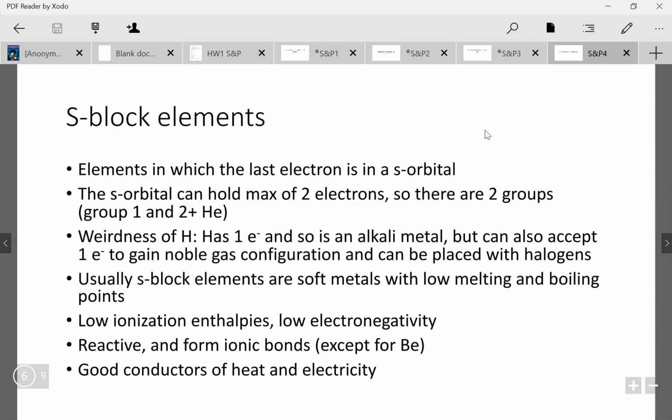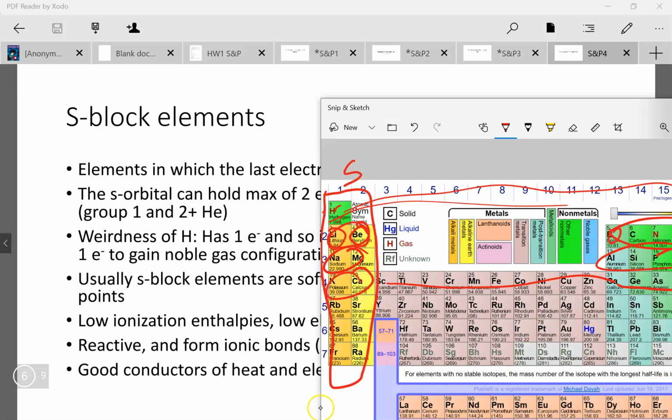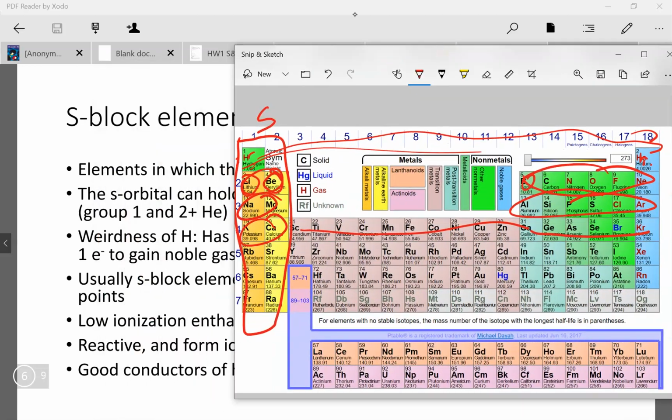We're getting to the S block and the other blocks of elements. So again, these are the S block elements. Why are they called the S block elements? Because if you write the electronic configuration of these elements in this block, the last electron will go in an s orbital. So that's why they're called the s block elements.